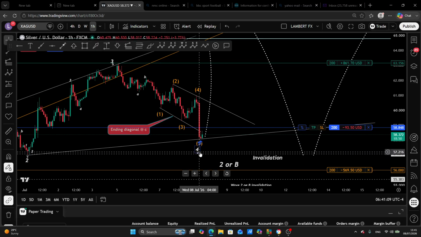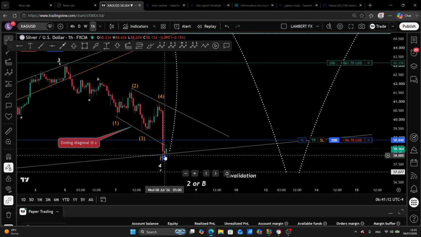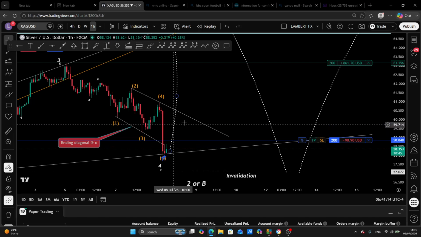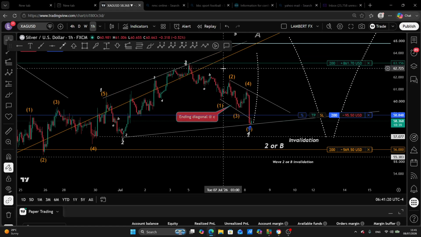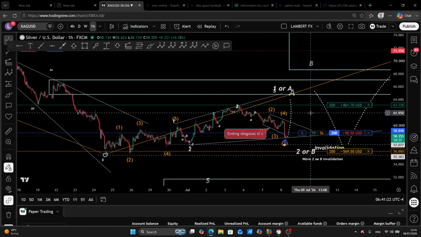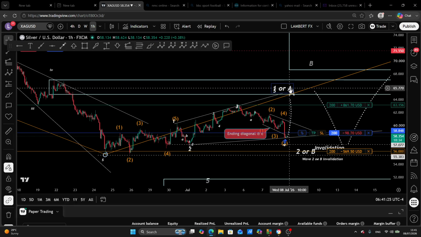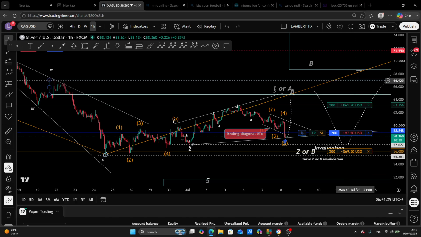So 4 seems to be confirmed. What we need to do now is to push up to break above this 3, for 5, and this will now be our A of the corrective leg. And after this, we need to push down for B and a push up for C.